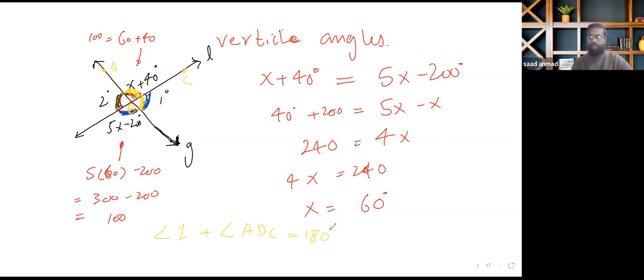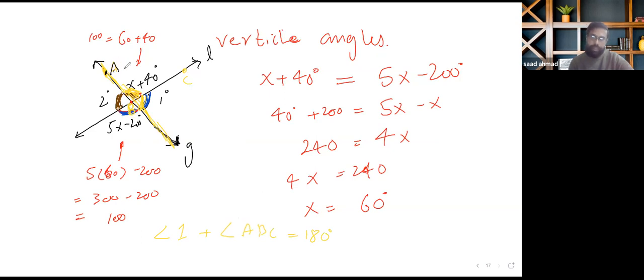It should equal 180 because they make up a line.